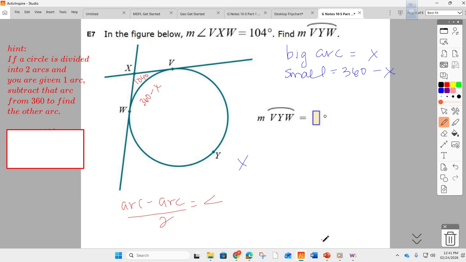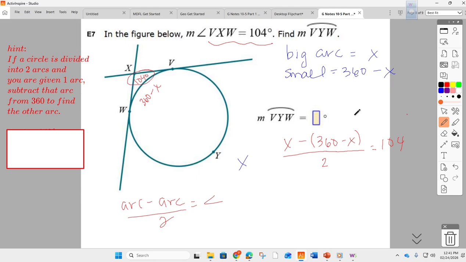All right. So the big arc minus, we have to put the little arc in parentheses, divided by 2 equals 140 degrees. Big arc minus little arc, divided by 2, equals the given angle here.